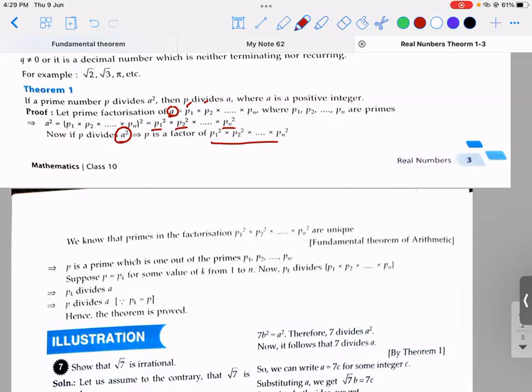Put that a in inverted commas, so highlight it. Where a is a positive integer. Please underline that. In all these theorems, you need to understand what kind of numbers we are dealing with, natural numbers. When I say positive integers, can I call them natural numbers also?